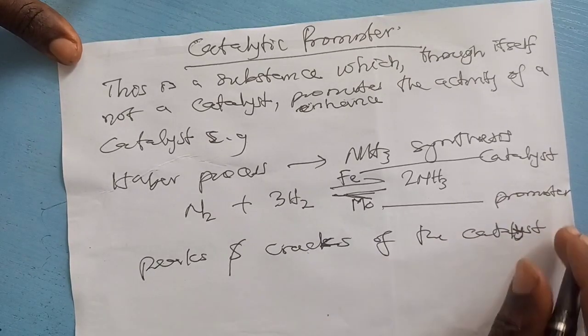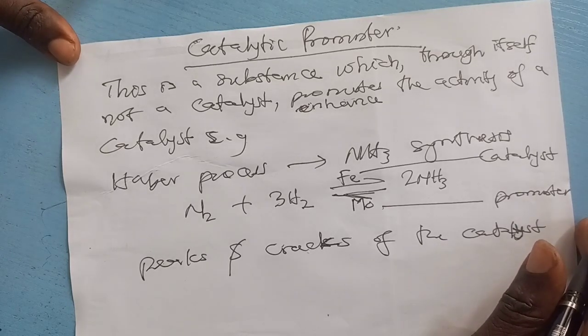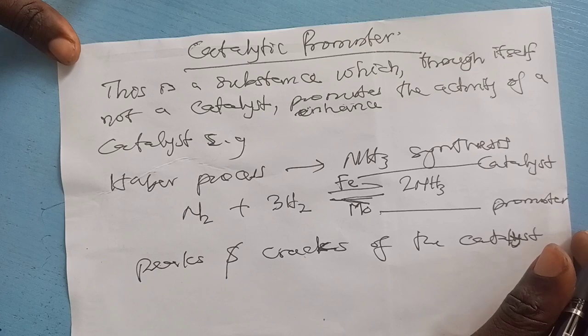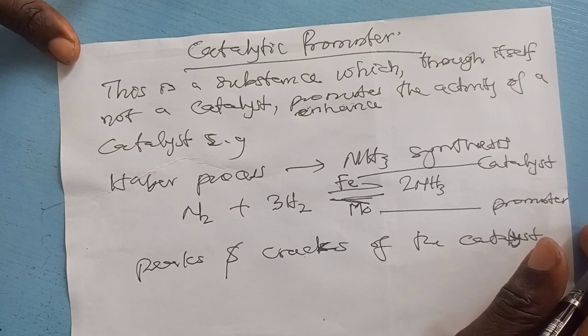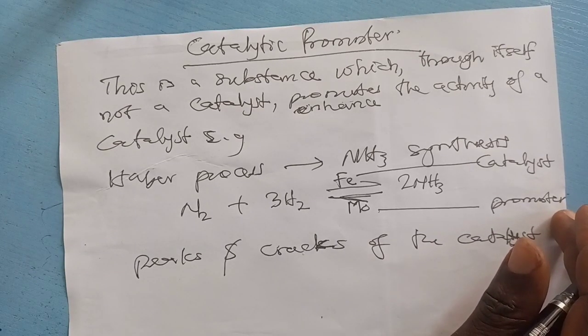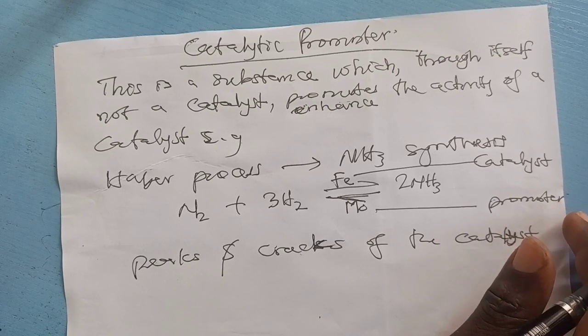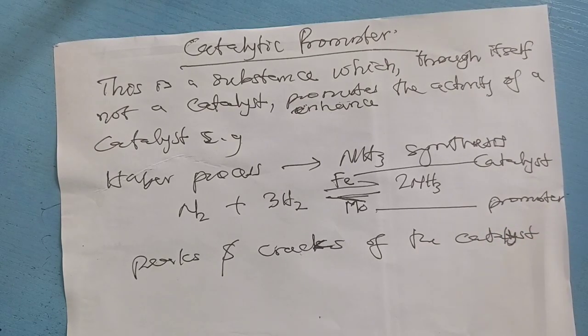That is what the promoter does. So the presence of the promoter increases the peaks and cracks of the catalyst surface. When this happens, it increases the concentration of the reactant molecules, and hence it increases the rate of reaction. So with this explanation and chemical equation given, I believe you should no longer be confused about this definition.